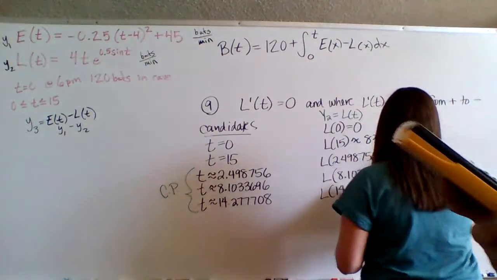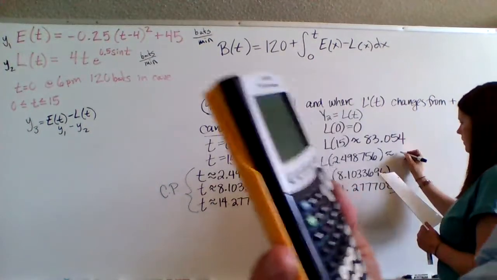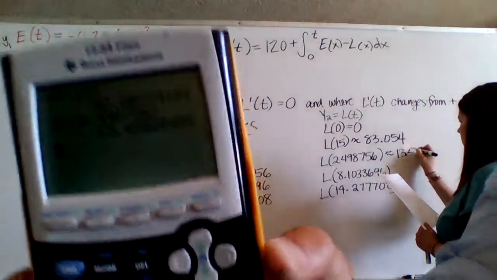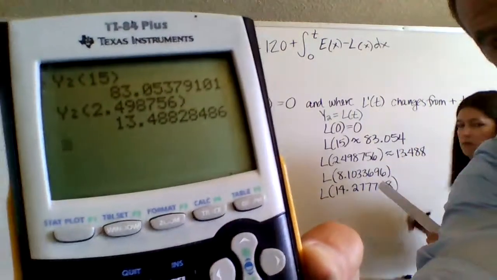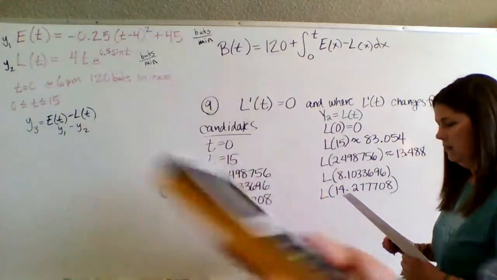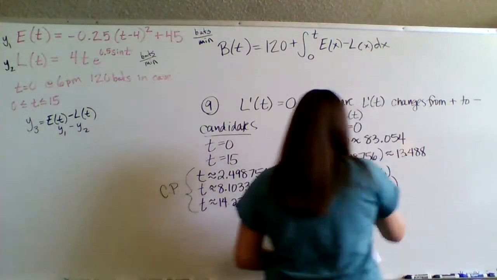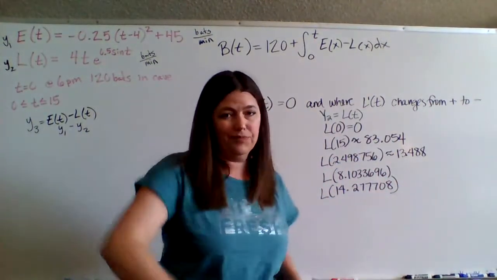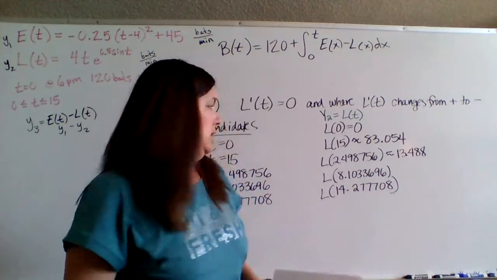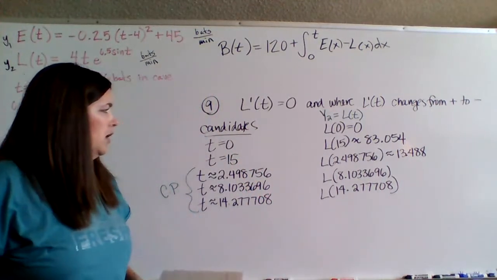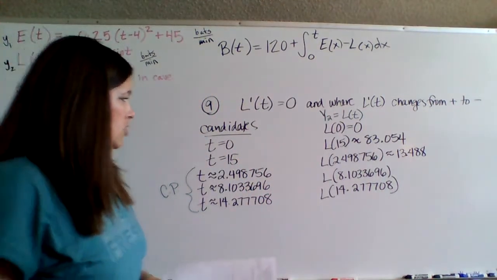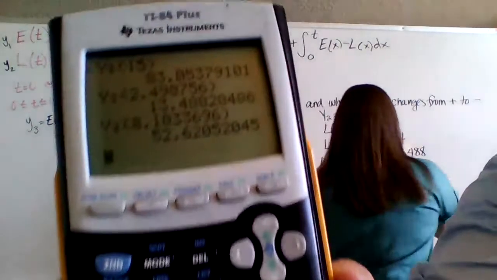Okay, so y2 of 2.4 whatever is going to give us 13.488. Okay, well that's smaller than the endpoint of 15, so we're like, that time's out. That was only a couple minutes after 6 o'clock anyway. So now we're trying this one 8-ish minutes later.